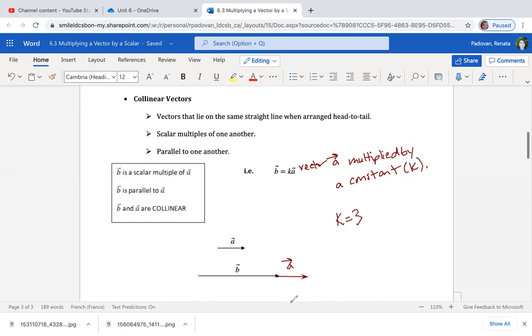It's 1/3 of the size. And again, when they're arranged like this, they would be parallel to one another. So that's just what all this is saying in terms of what would make them collinear. If vector B is a scalar multiple of A, and also the opposite, right? Vector B is parallel to A, then we'll say that vector A and vector B are collinear to each other. So that is the definition of collinear.